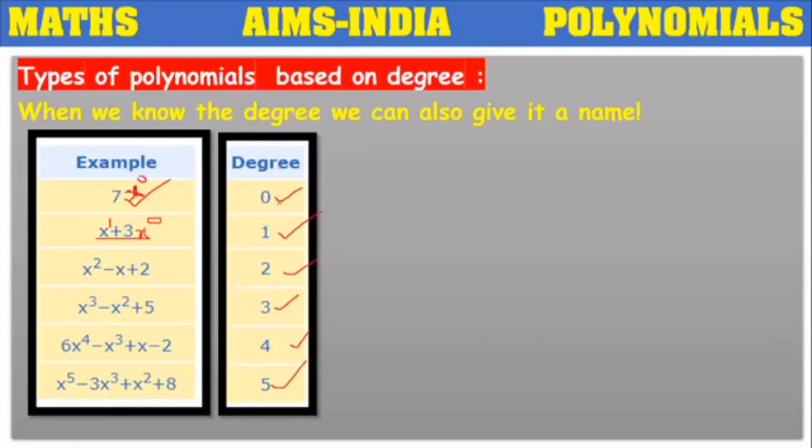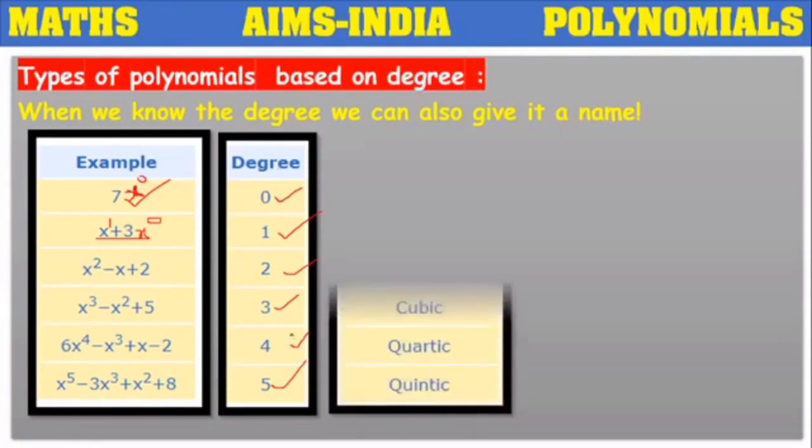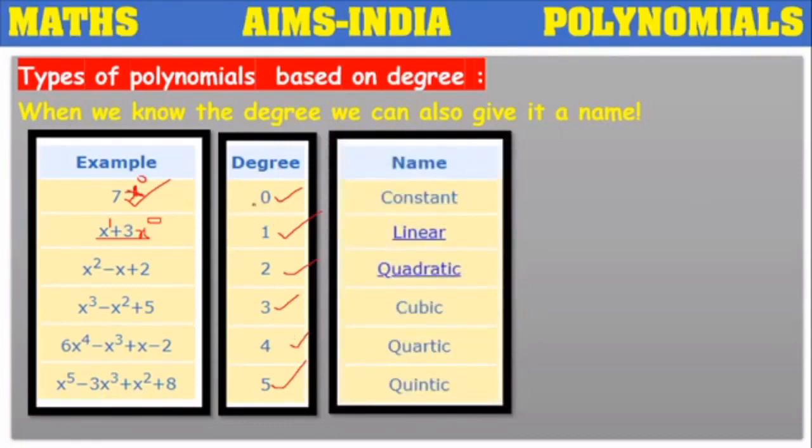Now based on the degrees, we can name them. If the degree is 0, that will be called a constant polynomial. If we have only a constant number, then that constant number is also considered a polynomial, and its name is constant polynomial, or we can also call it a 0 degree polynomial.